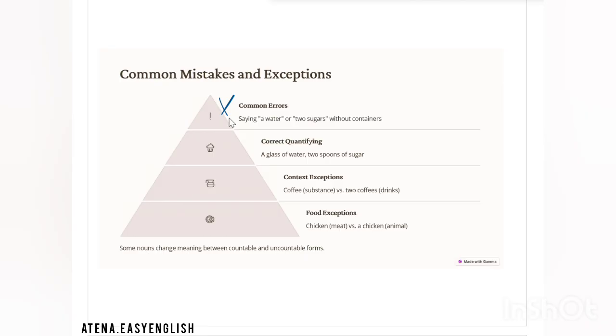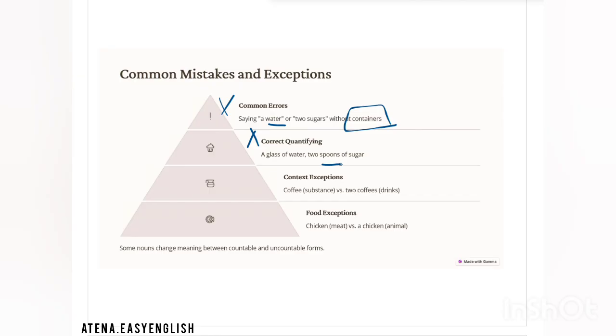So, water is uncountable, so you cannot use a. You can say a glass of water, a bottle of water. You should put the container, or 2 sugars. Of course not. The next, correct quantifying. Look at here, a glass of water, 2 spoons of sugar. So with sugar also you can use spoons.